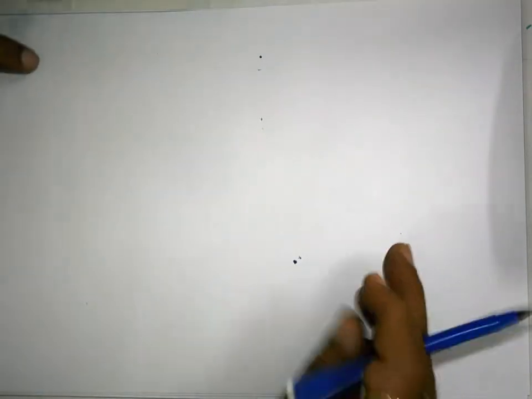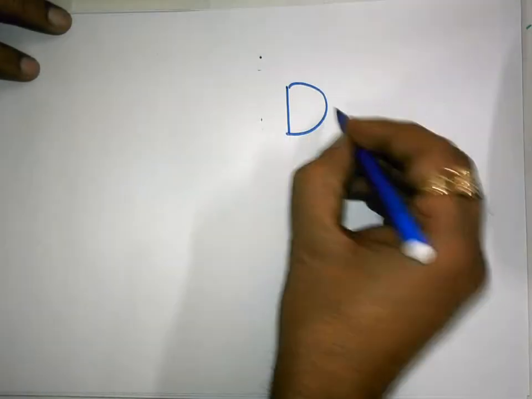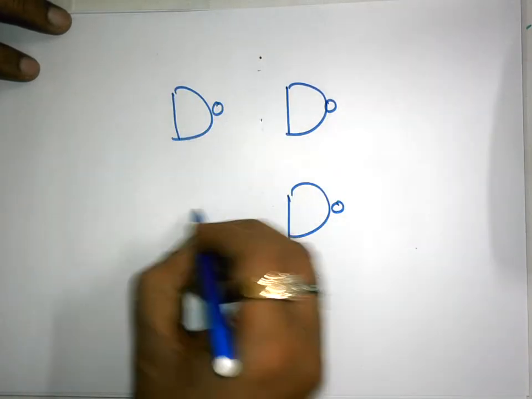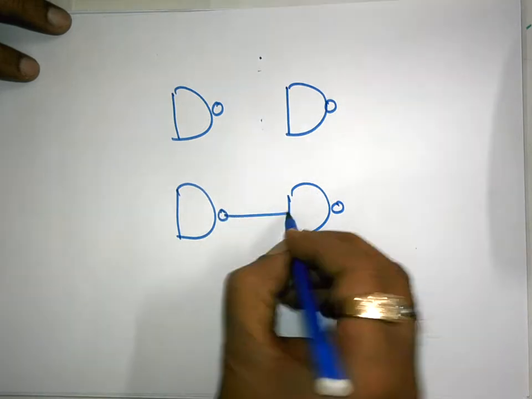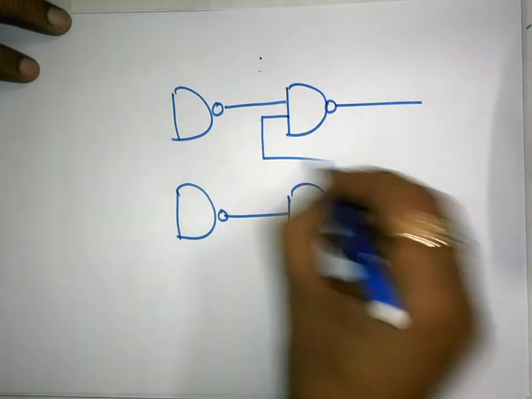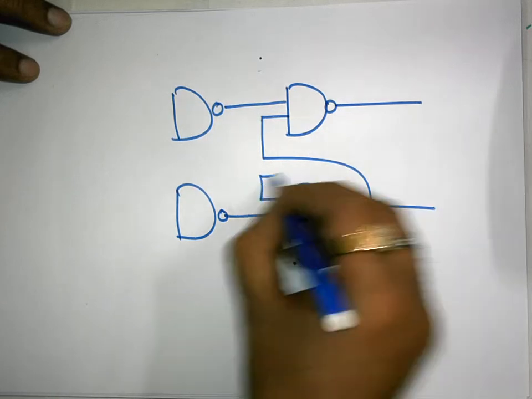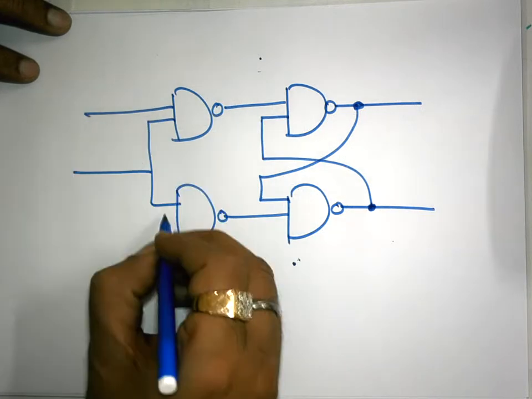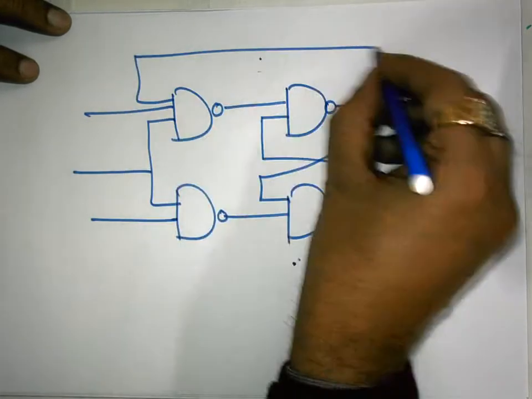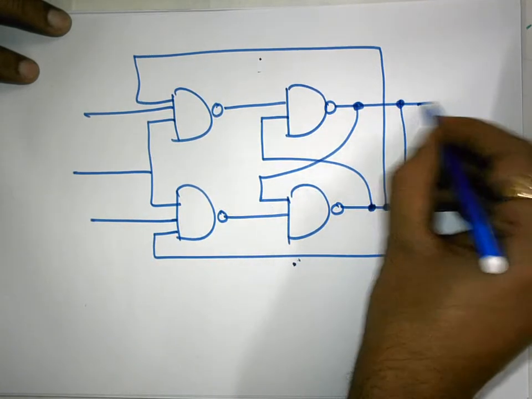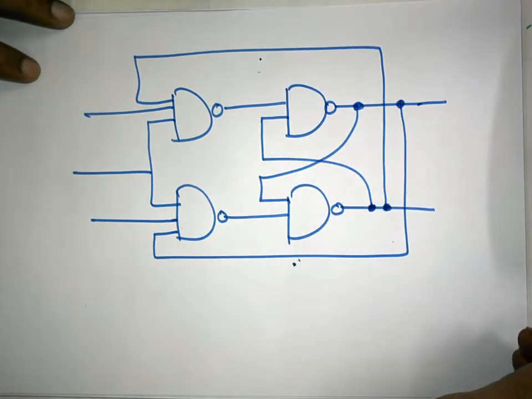If we observe the same thing in our JK flip flop, what is there in JK flip flop? This is our JK flip-flop.